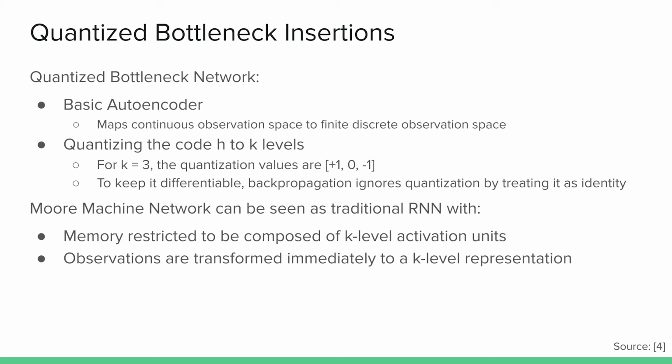So the Moore machine network that you ultimately build can be seen as a traditional recurrent neural network, but the memory is restricted to be composed of these k-level activation units. So we're no longer operating on a continuous observation space, but can only have 3 different activations if k equals 3. And our observations are transformed immediately to this k-level representation.